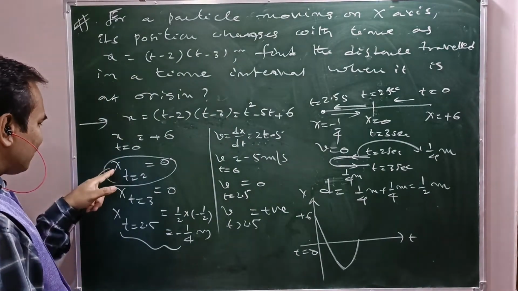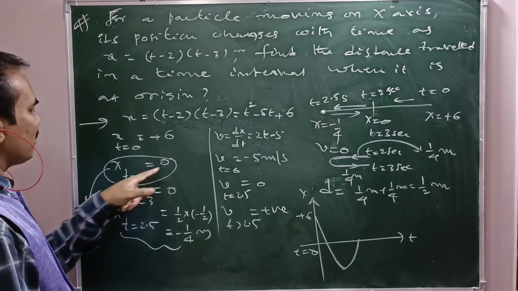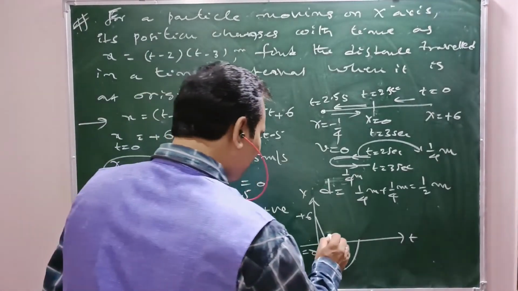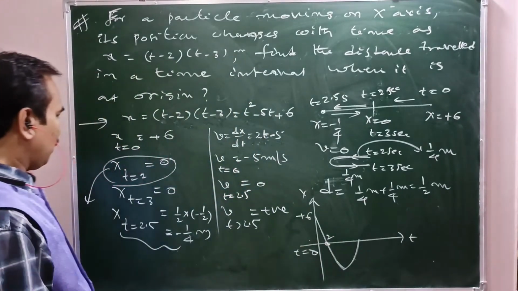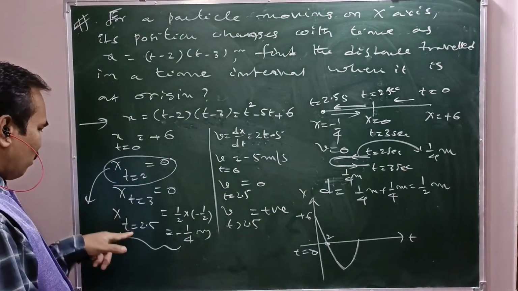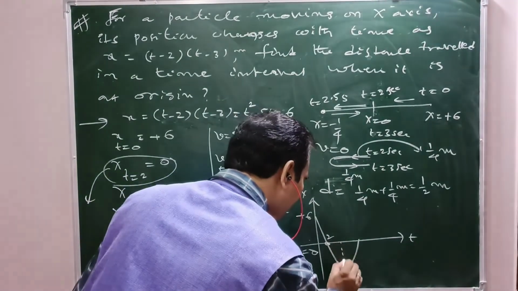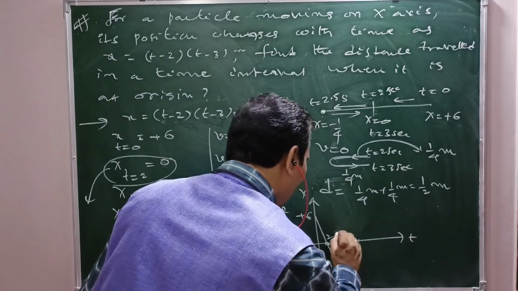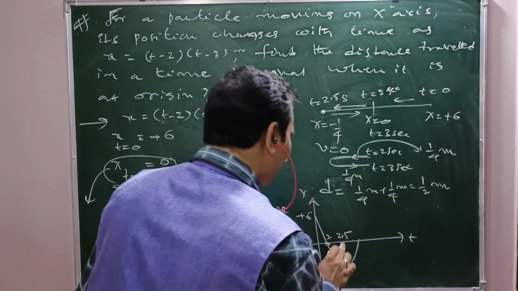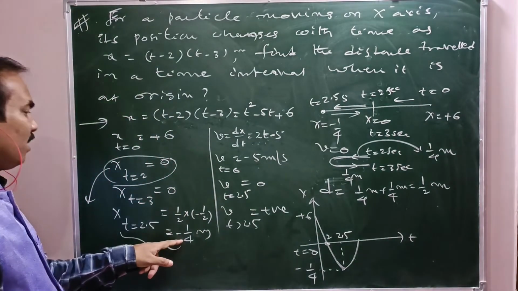Now x at t equal to 2 seconds is 0, so this is 2 seconds. Position is 0. Now at 2.5 seconds, what is the position? Minus 1 by 4. At 2.5 seconds, position is minus 1 by 4, right?